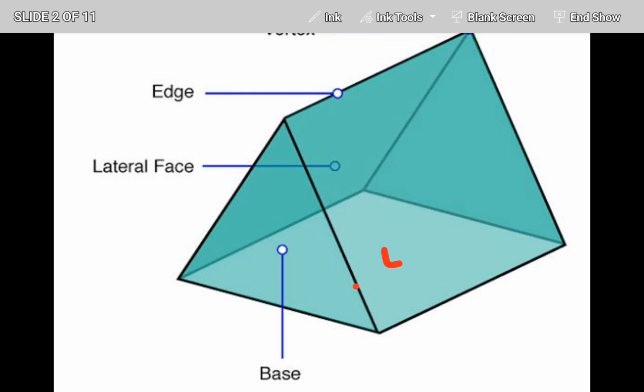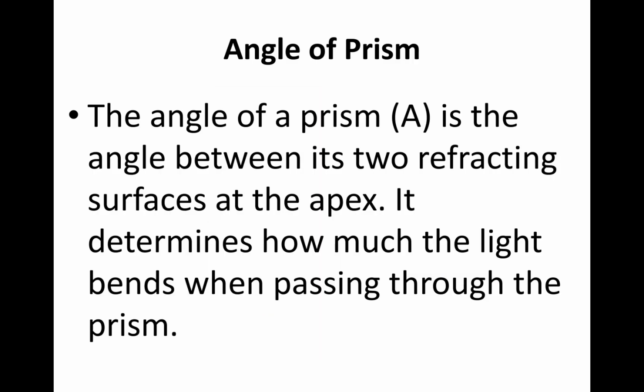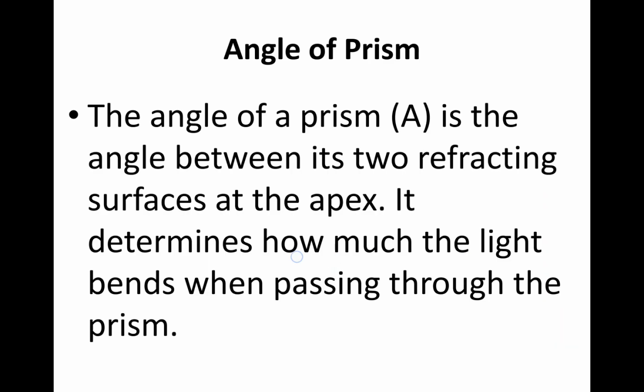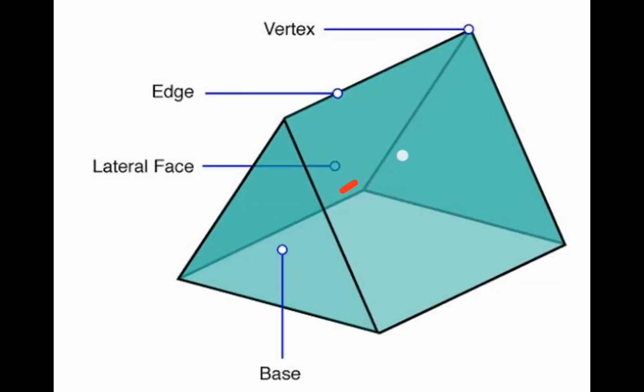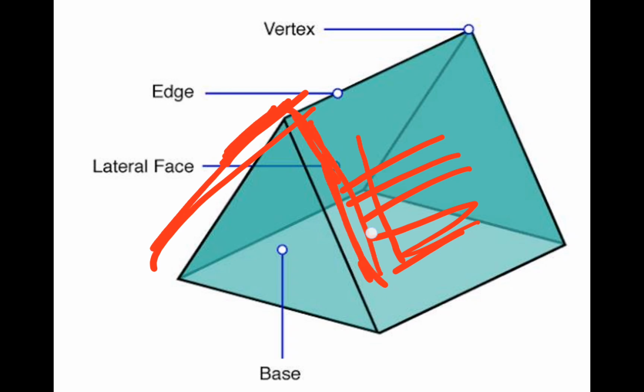I hope now we have a better idea about prisms. Now a few terms related to prisms. You have seen here this triangular face, and this rectangular surface, and of course this side is also a surface. These two surfaces are meeting and forming an angle.